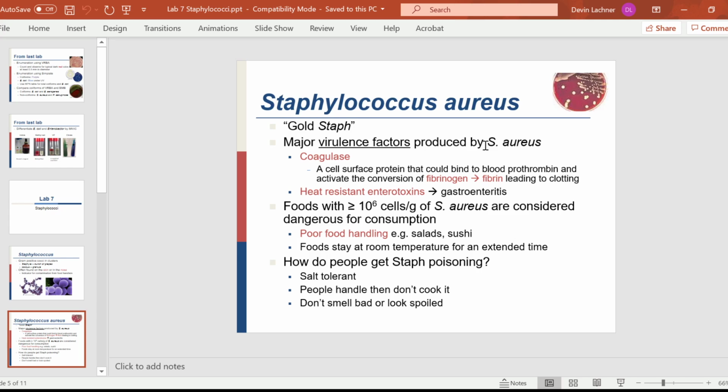Then we have heat-resistant enterotoxins, which will not really be broken down by heating your food, hence the heat resistance, which is why they're such a big deal. And that can lead also to gastroenteritis.